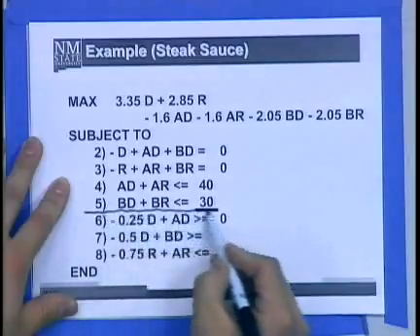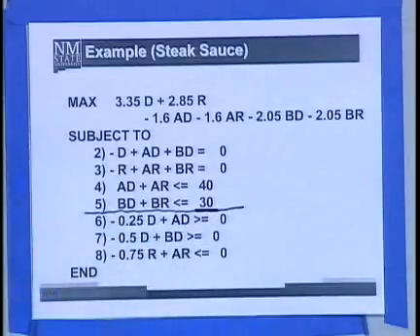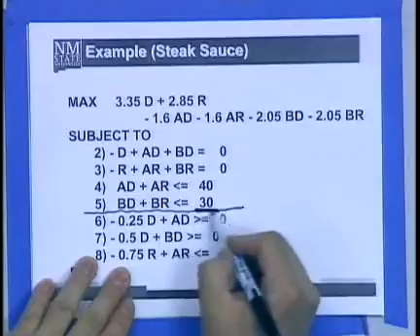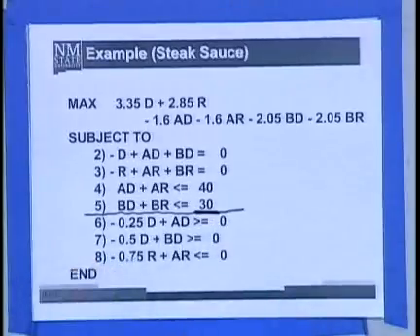So we need to look at row number 5, which is the resource constraint for ingredient B. What does the effect on the profit if an additional 5 quarts of ingredient B were available?